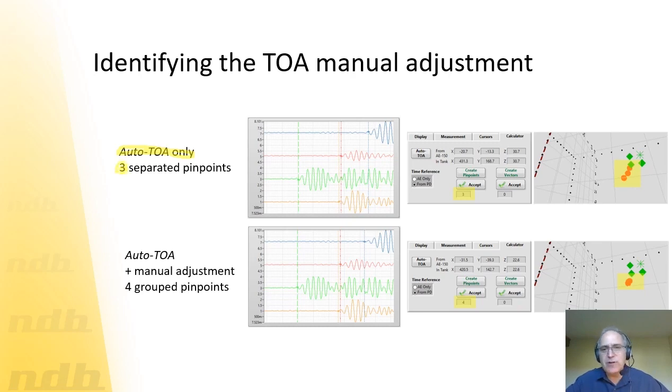You see the points over here, the three possible locations, and when I clicked pinpoints, it gave me 3 points. But when I made a manual adjustment, just slightly moving, not that much, I was able to obtain 4 points, all grouped in the same location.